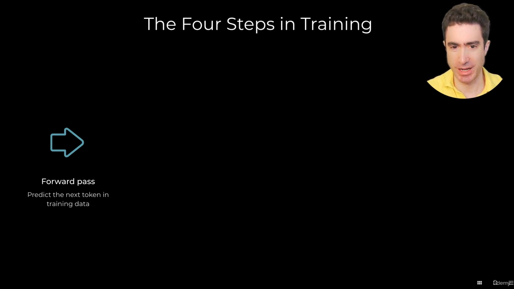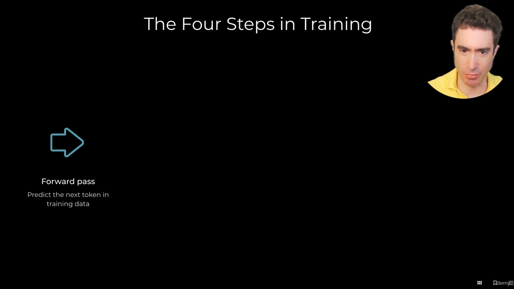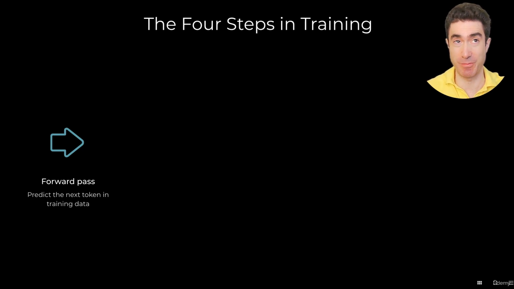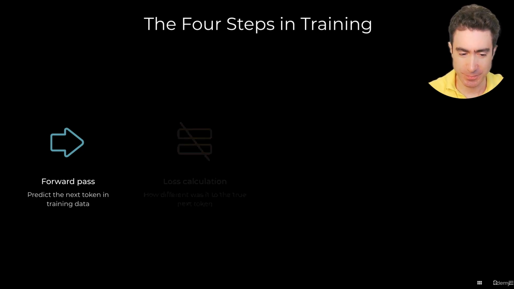You have a particular training data point, and you take that training prompt and pass it through your neural network to get the prediction for the next token. That is called the forward pass because you're thinking of the input coming in, going through, and the output popping out at the end of your transformer.